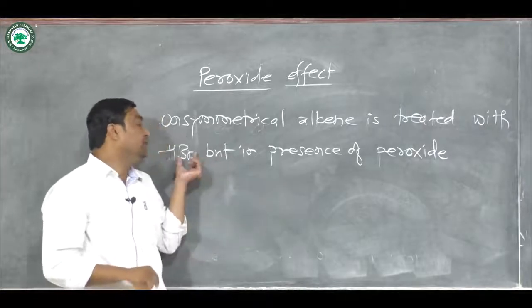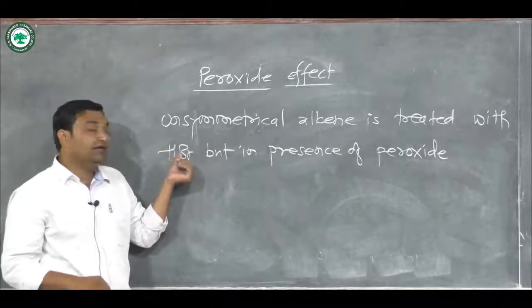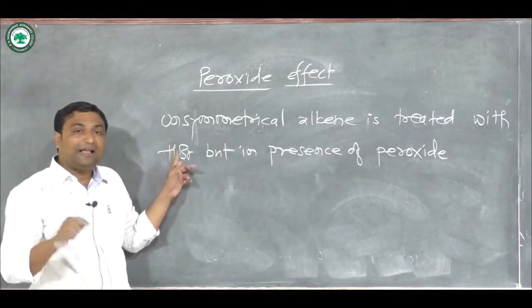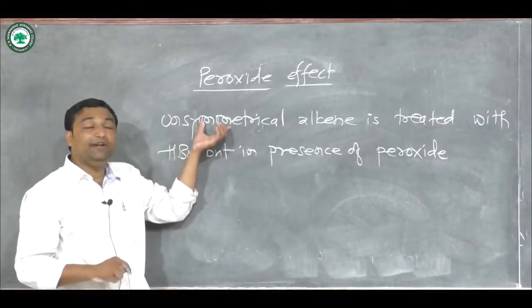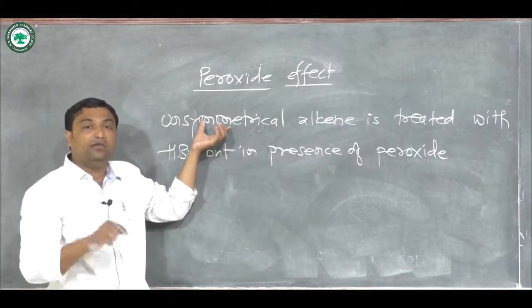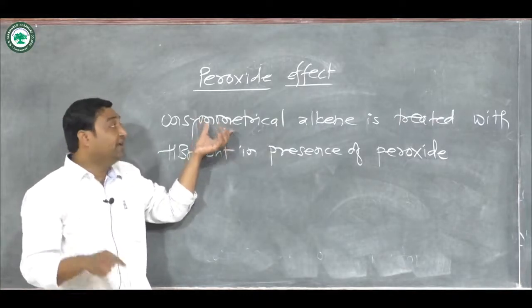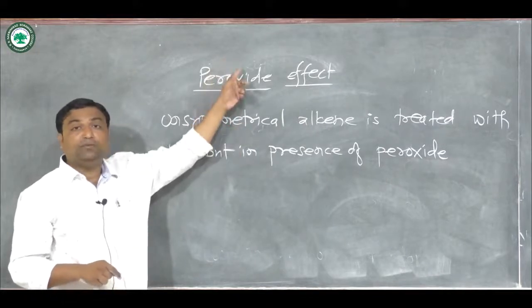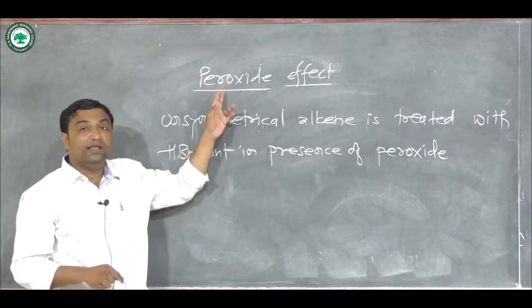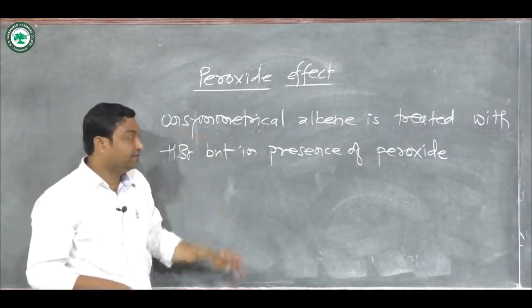Now, the negative part of this reagent, that is Br, goes to that carbon of the unsymmetrical alkene which carries more number of hydrogen atoms. It is the reverse of Markovnikov's rule. That's why this peroxide effect is also called the anti-Markovnikov's effect.